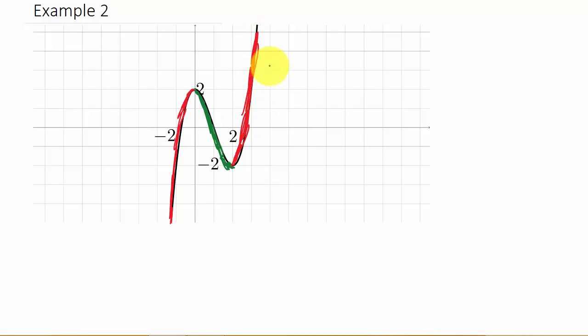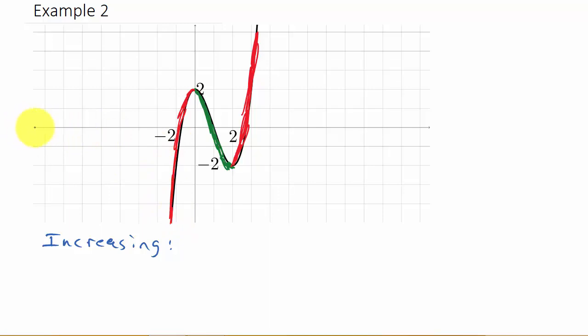So let's look at where it's increasing. Where does it start increasing? It starts increasing down here at negative infinity.